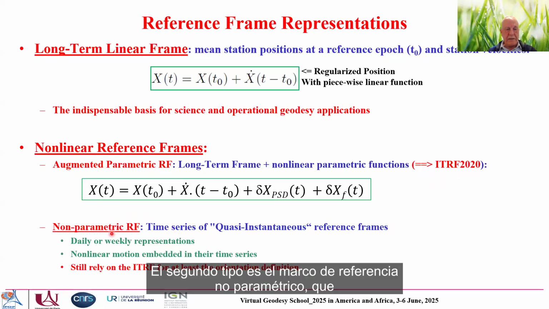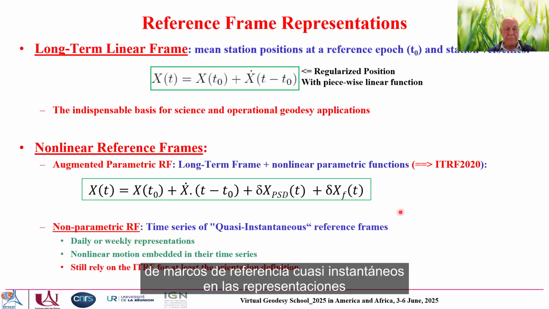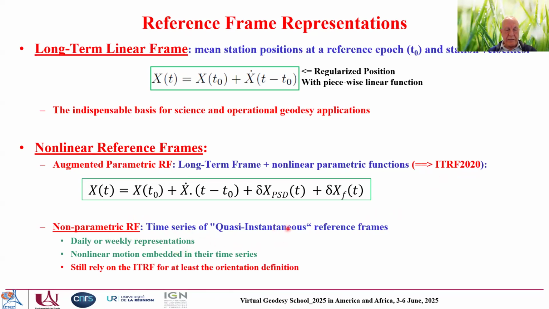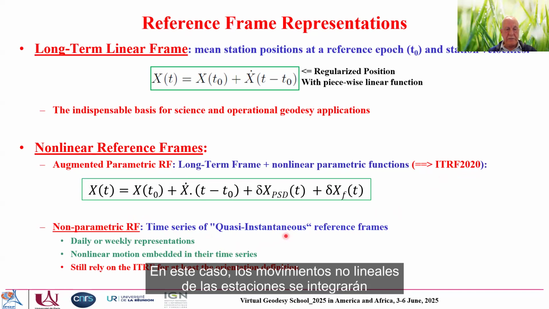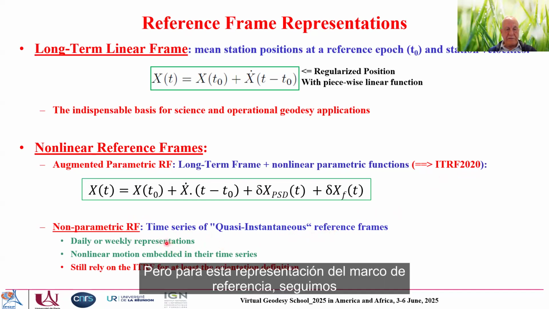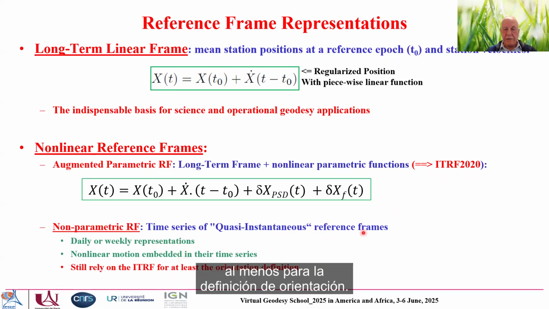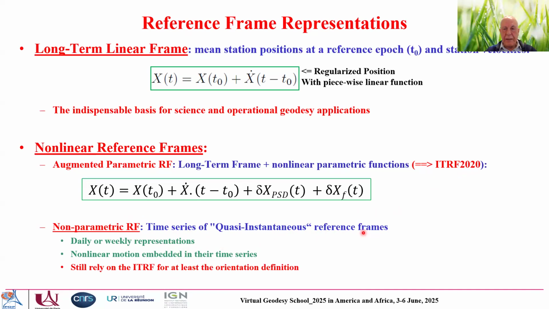The second kind is the non-parametric reference frame, which means time series of quasi-instantaneous reference frames at daily or weekly representations. And in this case, non-linear station motions will be embedded in their time series. But for this kind of reference frame representation, we still rely on the ITRF for at least the orientation definition.